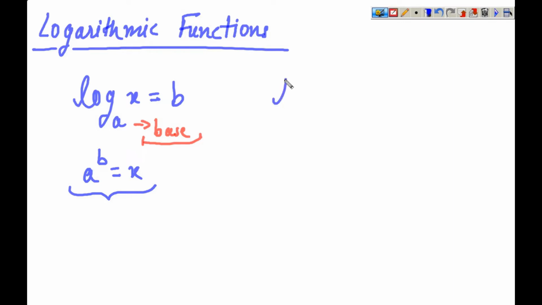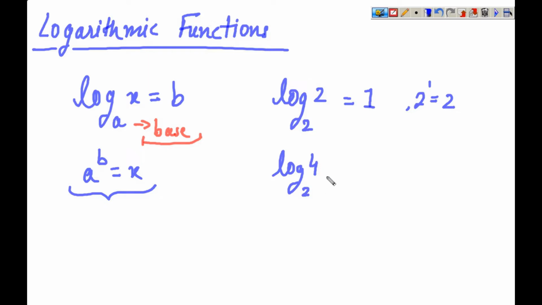So let's find the log of 2 to the base 2. We know that there's only one number, that will be 1. If I write 2 raised to power 1, that will give me 2. Similarly, if I have to find log of 4 to the base 2, that gives me 2.